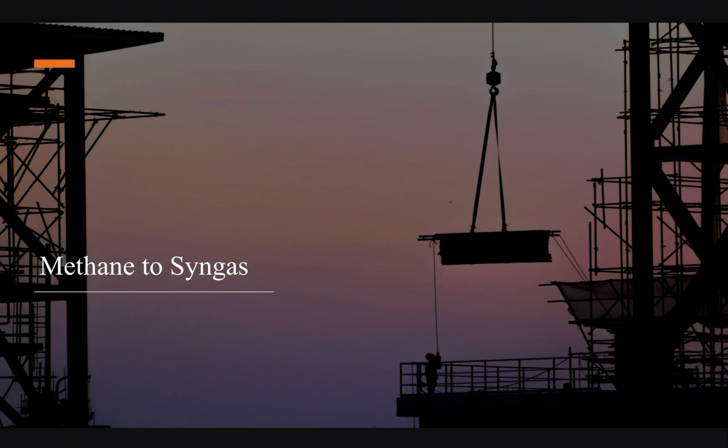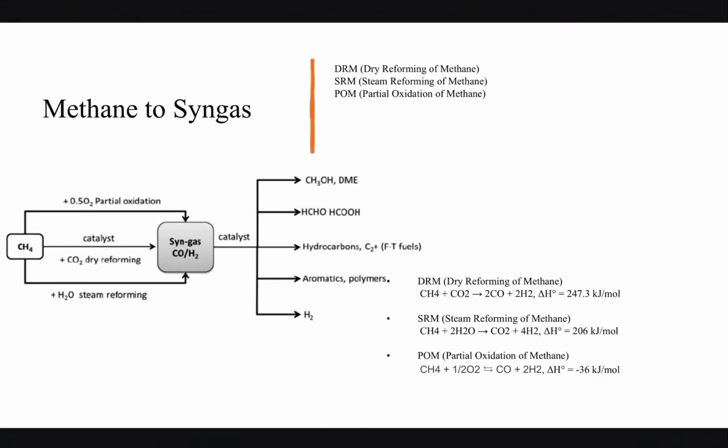Many researchers have tried to reduce greenhouse gas and found the process of methane to syngas. I'll discuss three processes. First is the dry reforming of methane. Second is the steam reforming of methane.